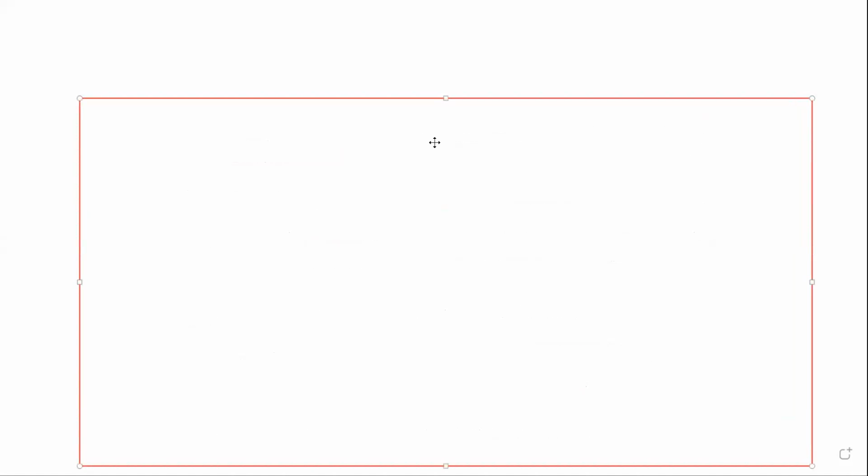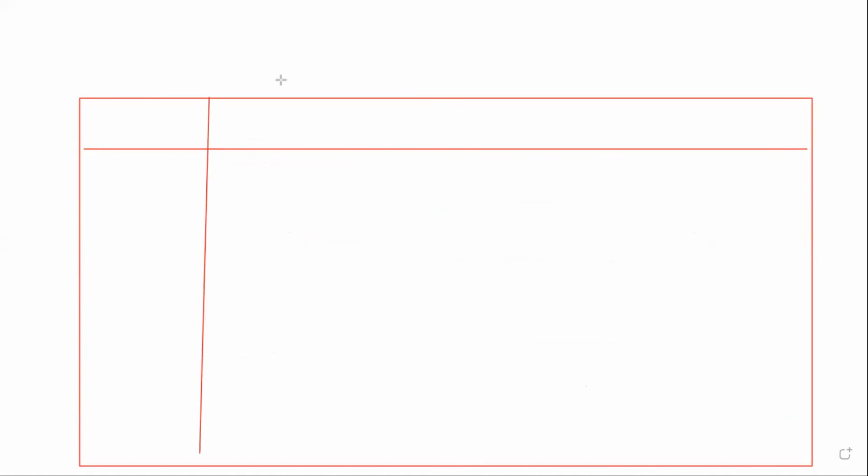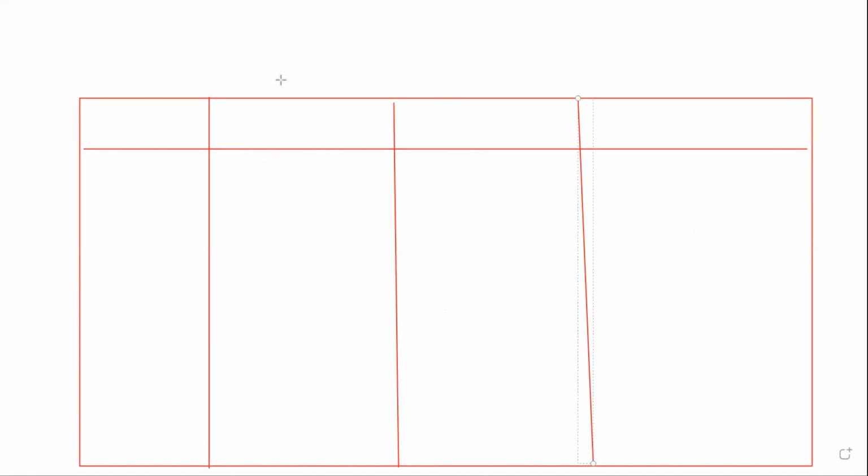Then I will do all the chart here. I try to draw as neat as I can using this one. Okay, I sent already. Thank you.